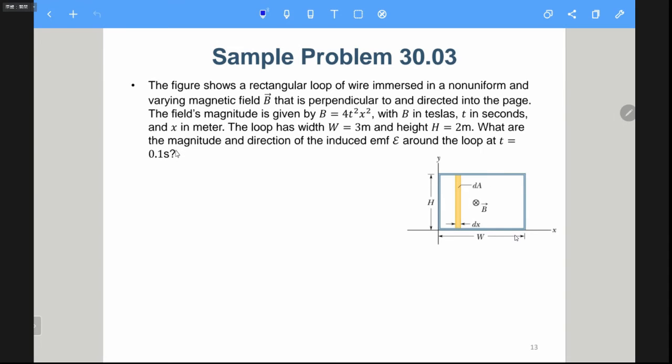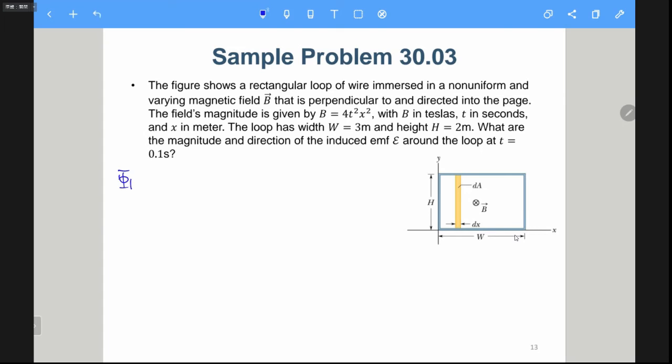Okay, so the magnetic field B here is not uniform. It is related to the x-axis coordinate, so we have an x here. We need to do some integration.